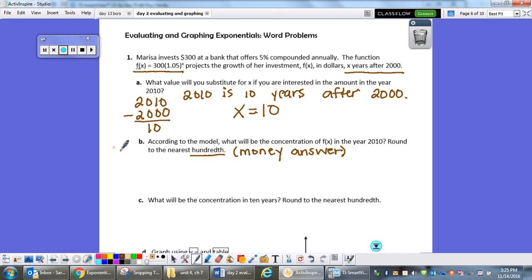Okay, so f of x, which is just f of 10 now, is 300, which is your y-intercept, times 1.05, which means it's growing, to the 10th power. This is just what you did on the front.